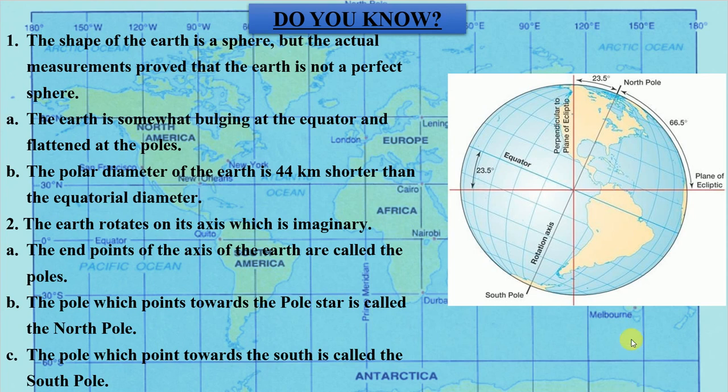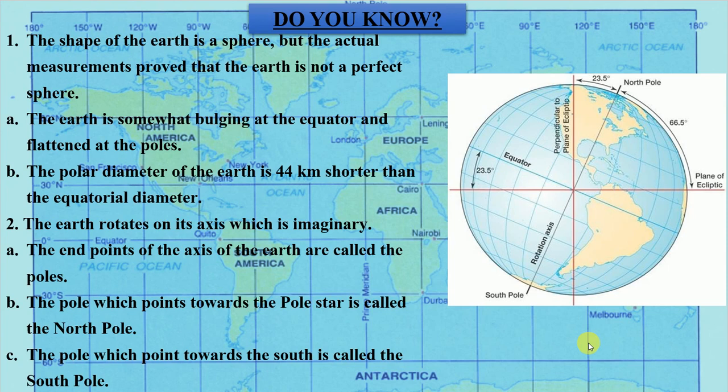But for all practical purposes we consider the shape of the Earth as a sphere, that is, like a ball. It is easy to locate a person or place on a flat surface with reference to another place, isn't it?